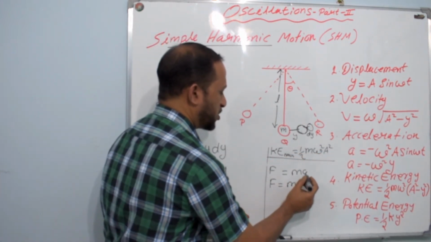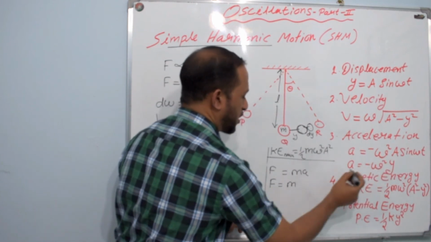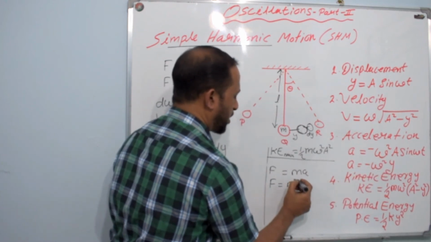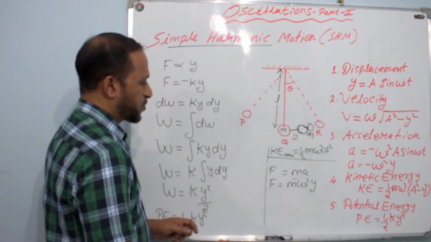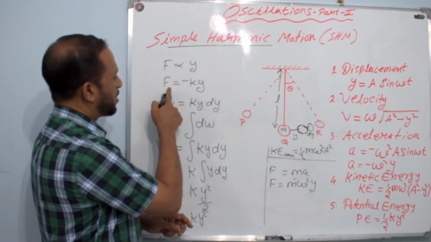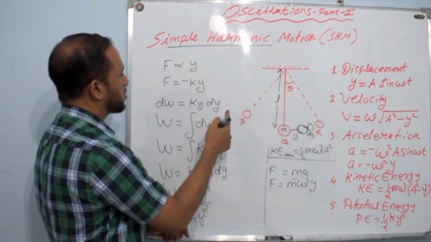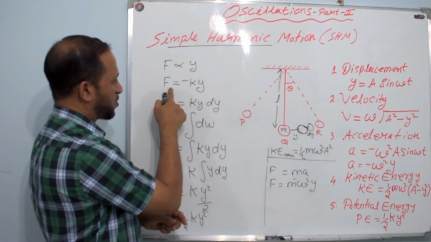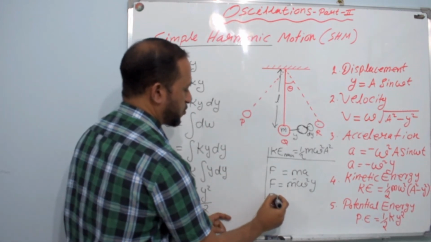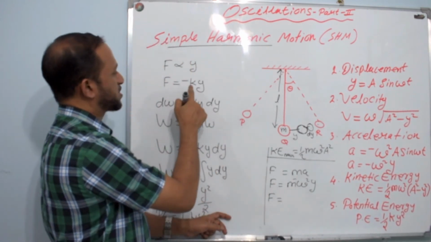So m into, instead of acceleration, substituting this value, minus omega square into y. And also we have the restoring force, F is equal to this equation, minus ky.